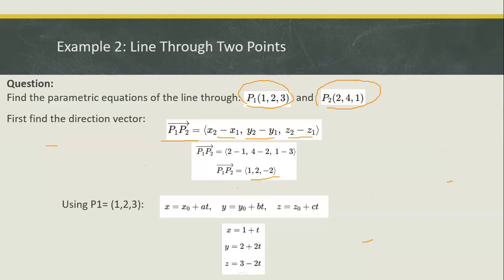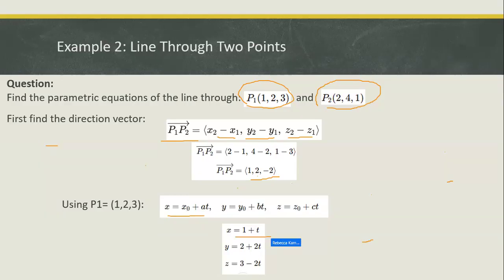Now we can use P1 equal to (1, 2, 3). We have the equation: x is equal to x0 plus at, y is equal to y0 plus bt, and z is equal to z0 plus ct. We substitute our values now.